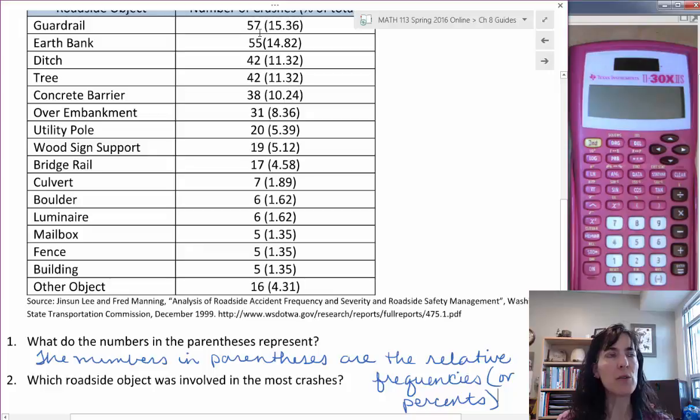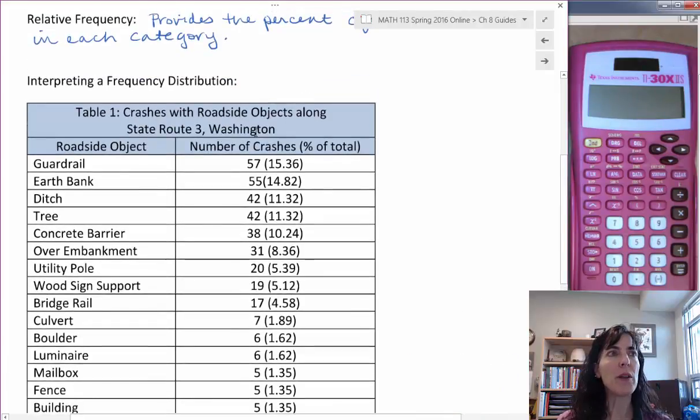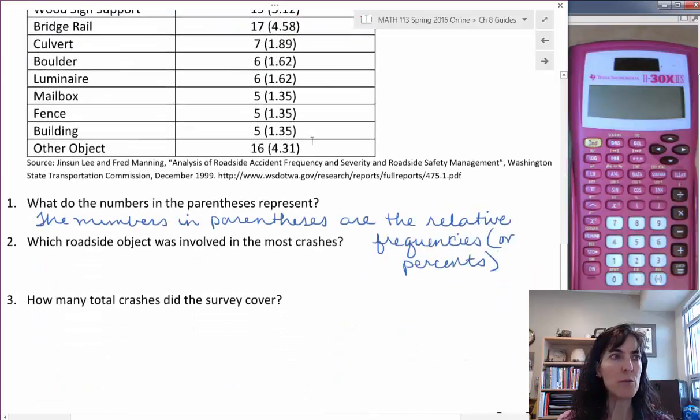As I'm looking down, I don't see any numbers higher than 57, and it looks like guardrails got crashed into 15% of the time on this particular State Route 3 in Washington. So guardrails was the object involved in the most crashes.